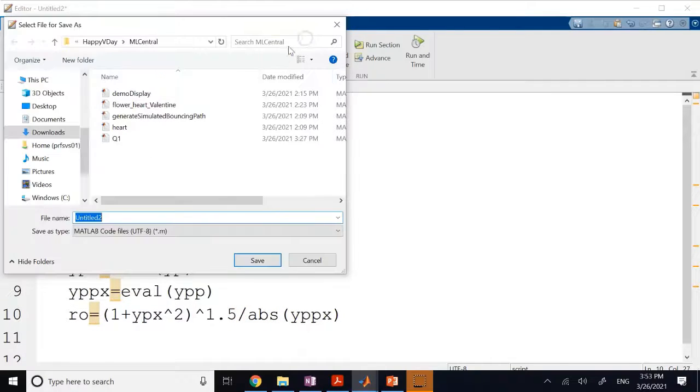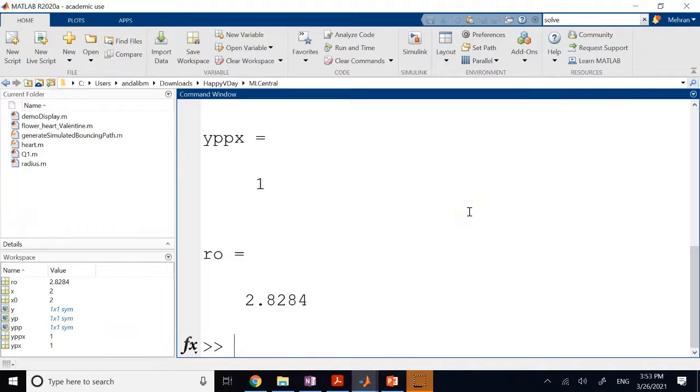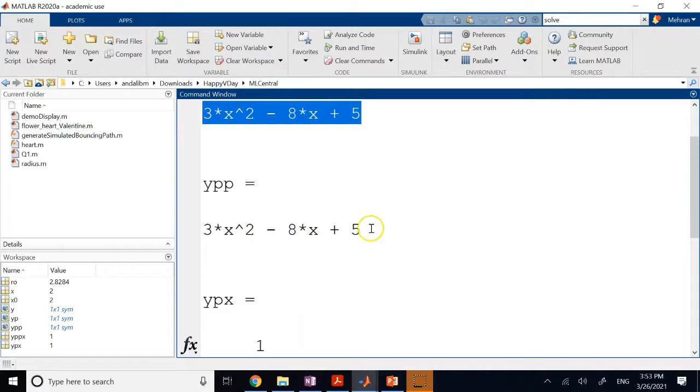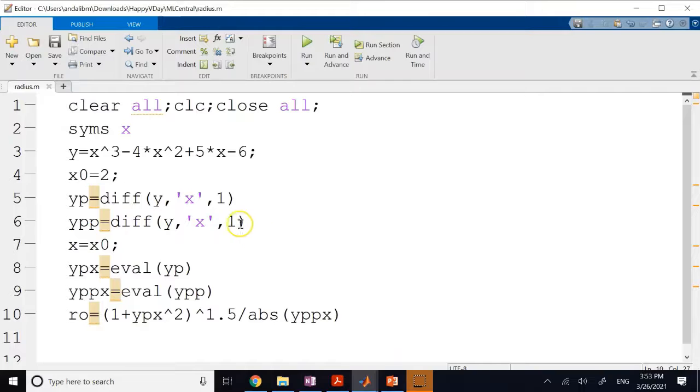Here, radius. Here we go. So the function was a cubic function. You see the first derivative is a square function. Isn't something wrong? Yes. Oh, here, 2. It has to be 2.